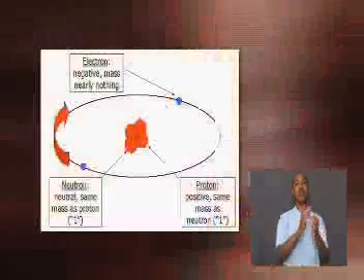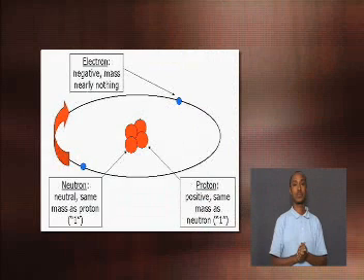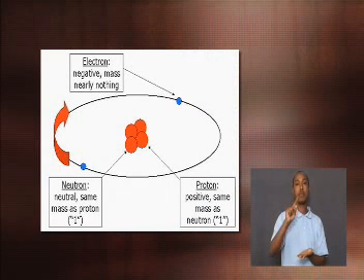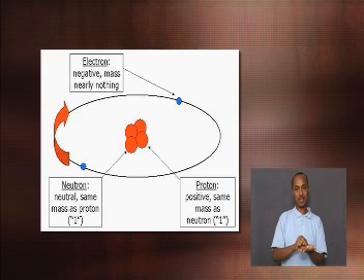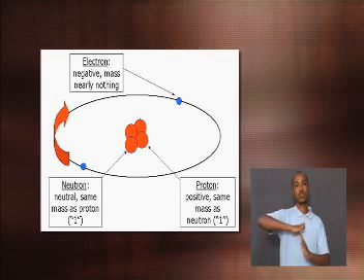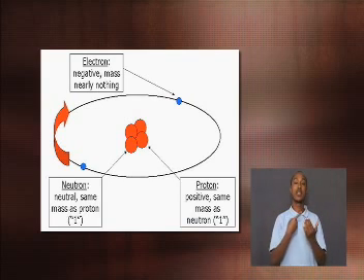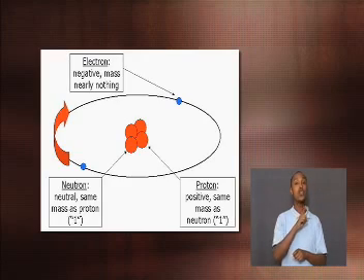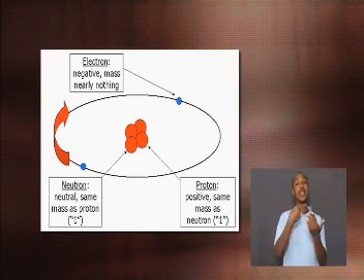If you did this correctly, you will have labeled your diagram as follows. The neutrons and the protons are the bodies within the nucleus. The orbiting particle is the electron. Was this your answer? If not, be sure to review this diagram with teacher after the lesson.